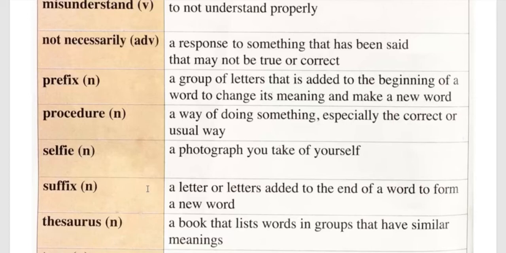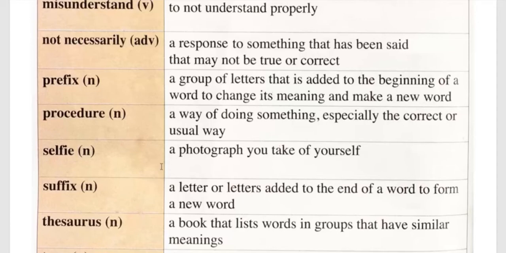We have also, you see here, that study, right, is a verb, and studying is a noun. Procedure, a way of doing. Try to focus on prefix and suffix. The prefix is letters added to the beginning of the word, and the suffix, letters added to the end of the word. Procedure, a way of doing something, especially the correct or usual way.